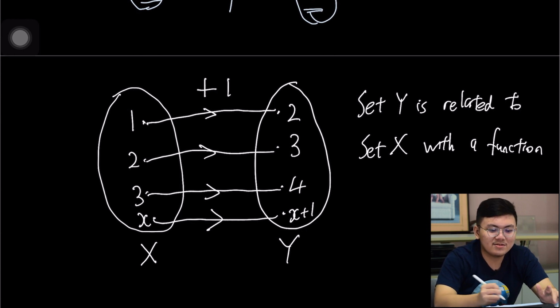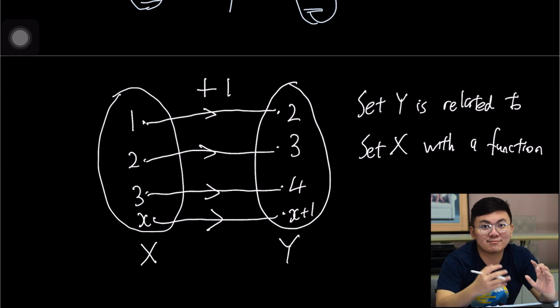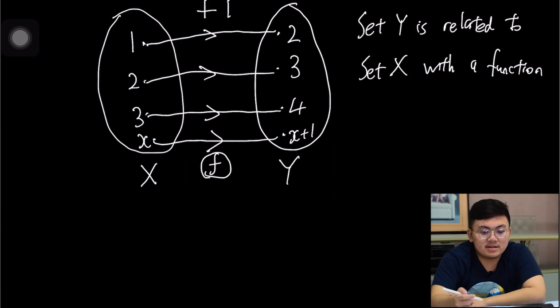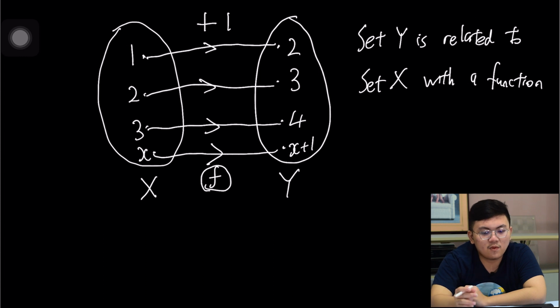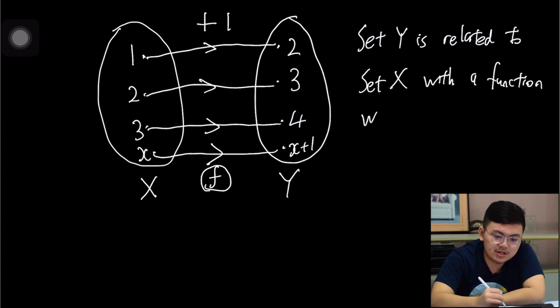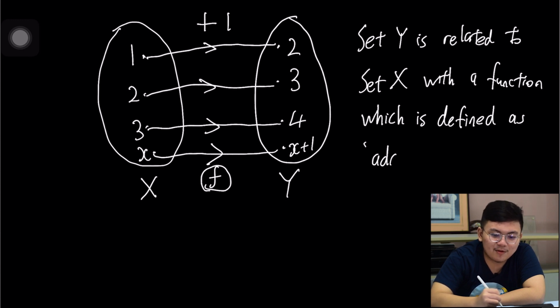So we know that this pathway, or we call this process, is called a function, right? So I say set y is related to set x with a function which is defined as +1, or more professionally, add 1.